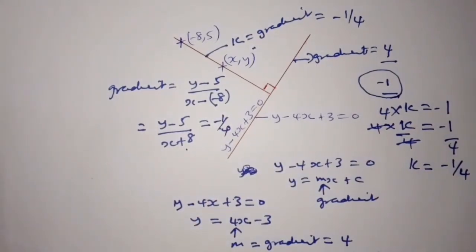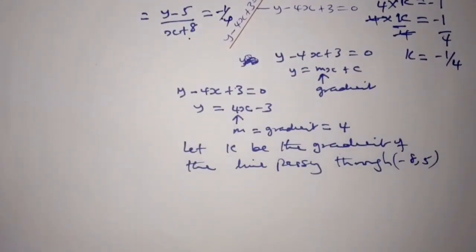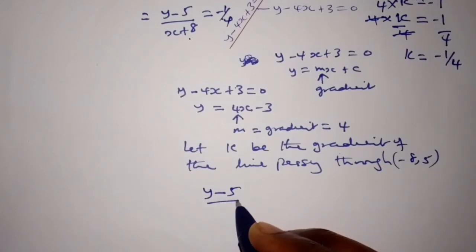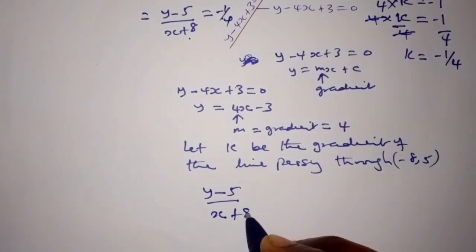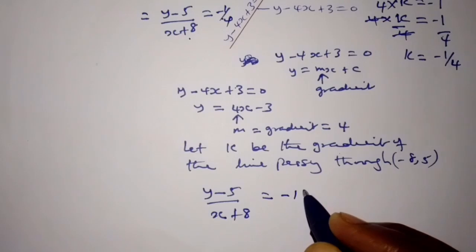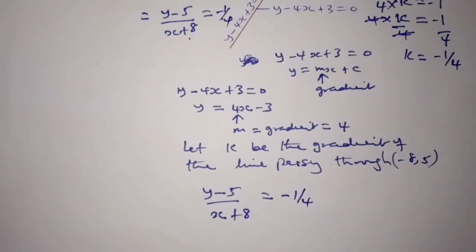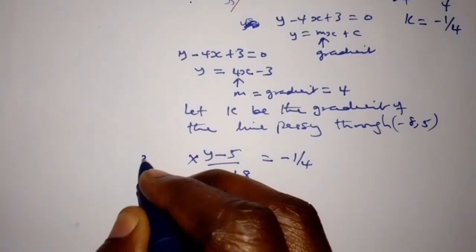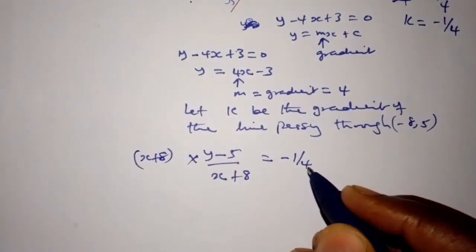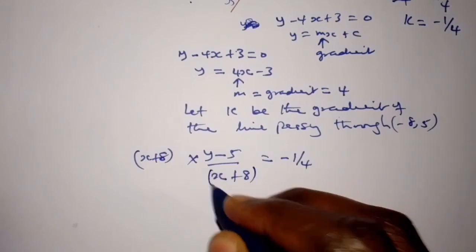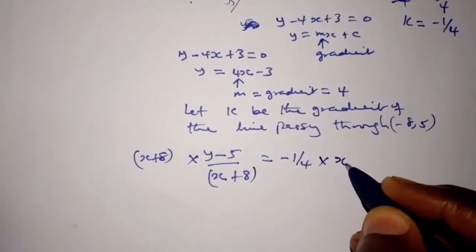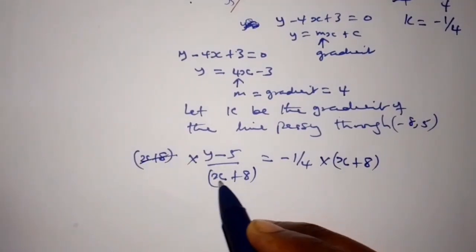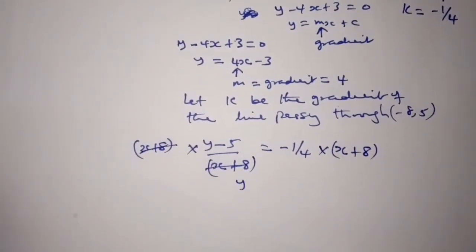We multiply both sides by x plus 8, so this will cancel that.